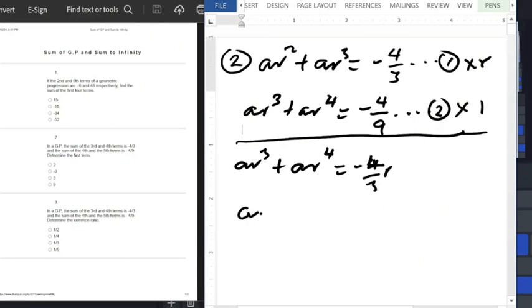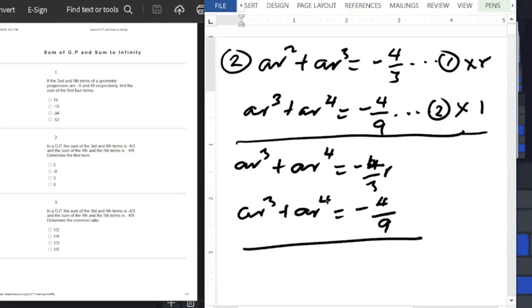Then AR raised to power 3 plus AR raised to power 4 equals minus 4 over 9. If you look at the left-hand side of both equations, it becomes the same. So you put minus equation 2 from equation 1, so the left-hand side is equal to 0, equals minus 4r over 3.